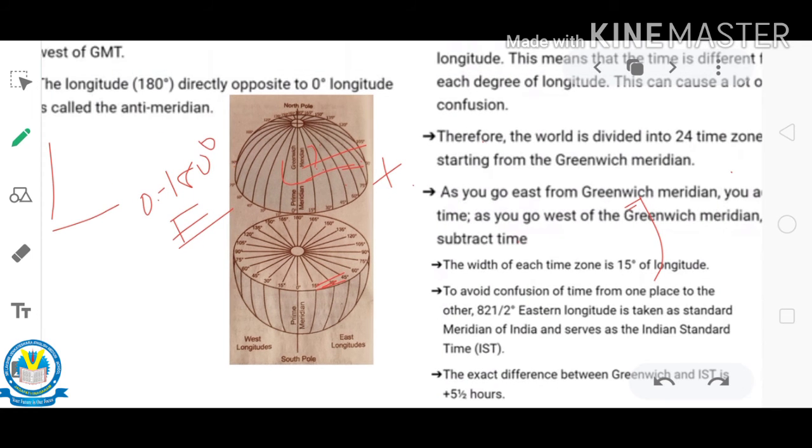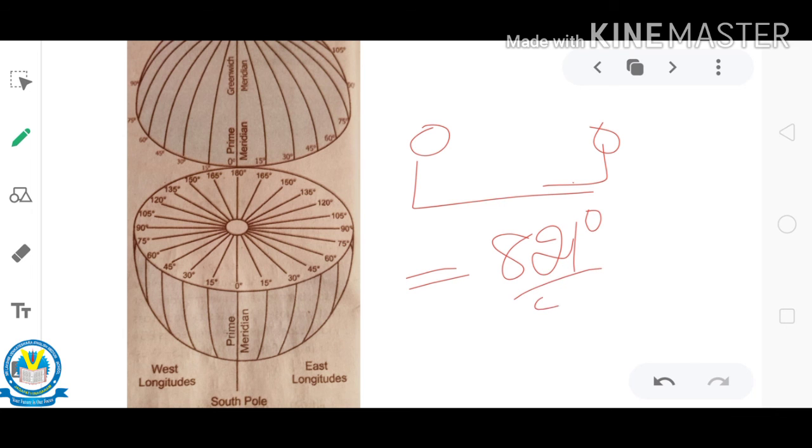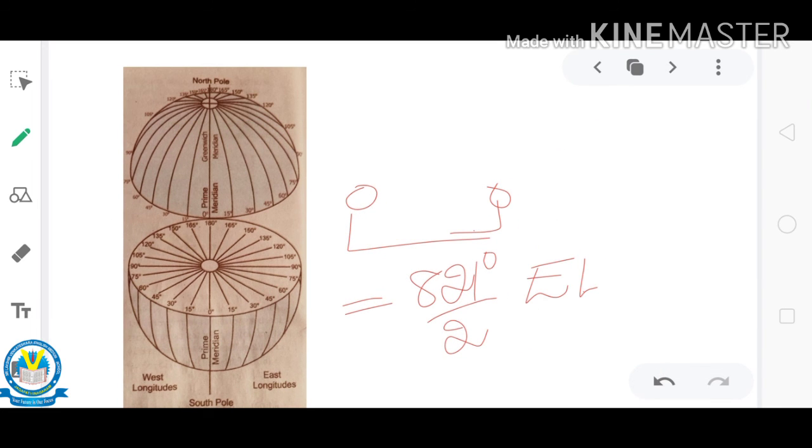Now moving to IST, Indian Standard Time. To avoid confusion about time from one place to another, we use a standard value: 82 and a half degrees east longitude is taken as the standard time.